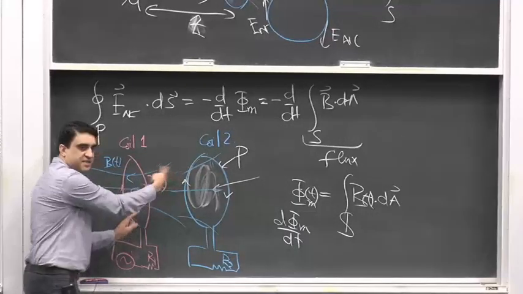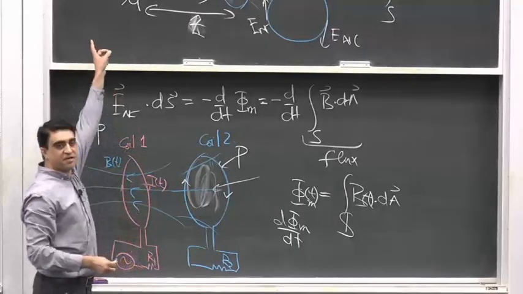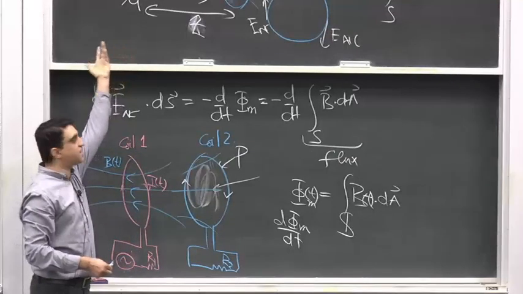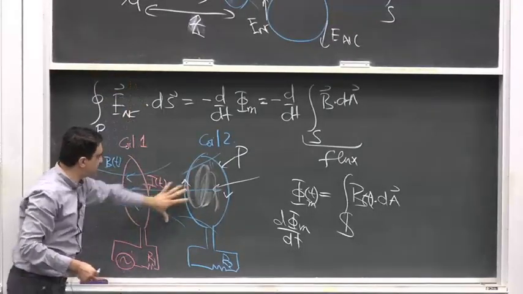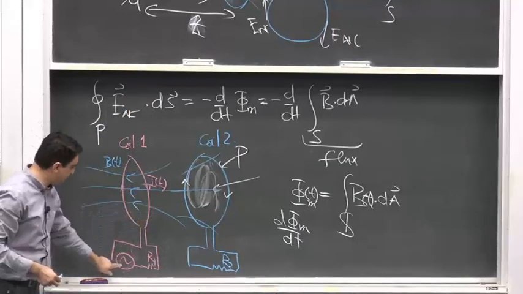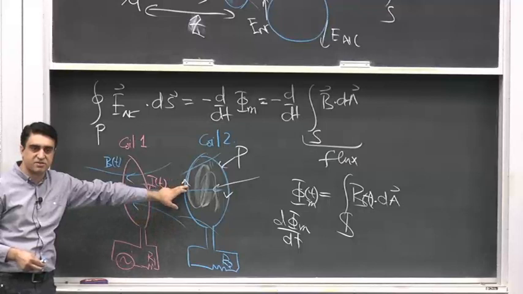So you can change the direction of the magnetic field in this configuration. You can't change the magnetic field direction in that case unless you rotate the whole magnet. So in this case, just by placing these next to each other and changing this, without changing the distance, you can change the flux between them.